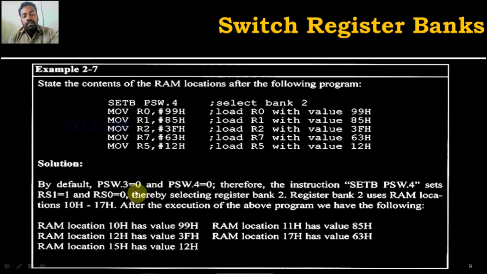Which register bank is selected here? The second register bank is selected. Totally we have 4 register banks. According to the program status word, we can change the register bank according to our program needs. This way we can switch the register bank.